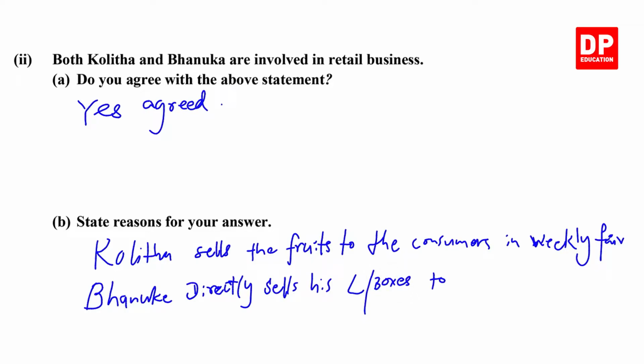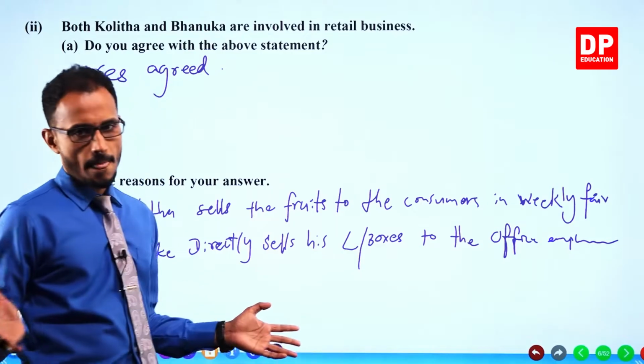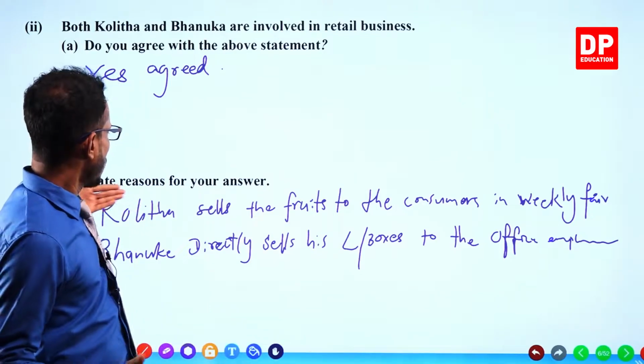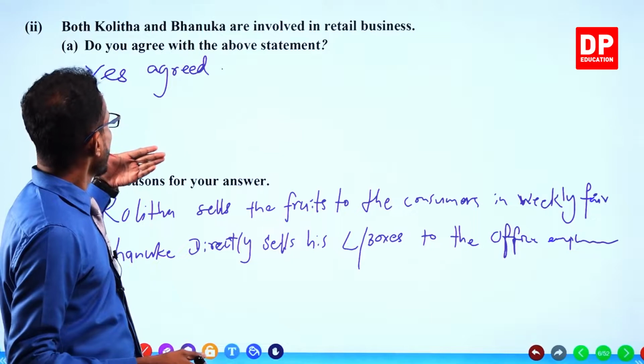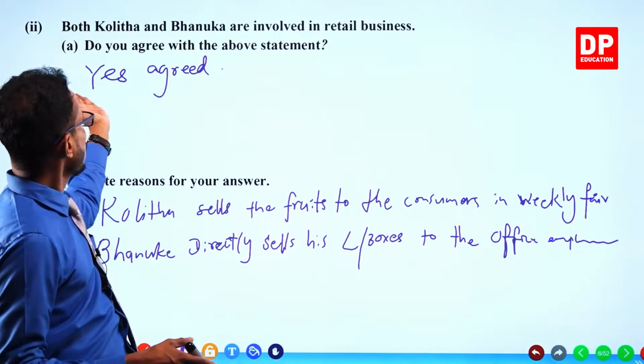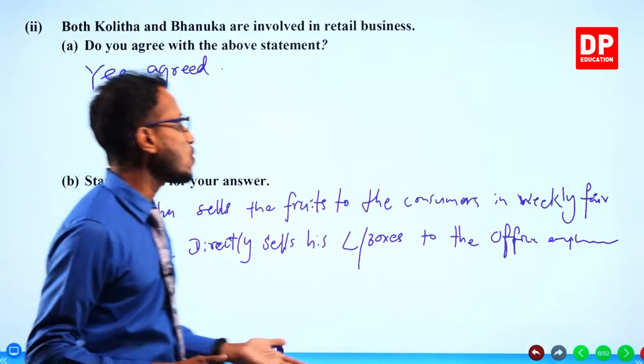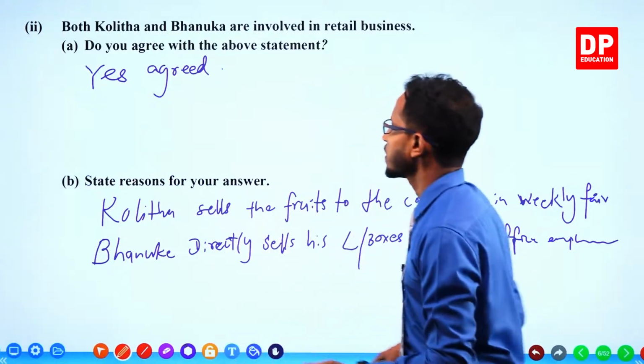To the office employees. Okay, that's how you write, because they are asking to provide reasons. They are asking you to provide reasons for your answer. That means for this answer, why you agreed. There you go.